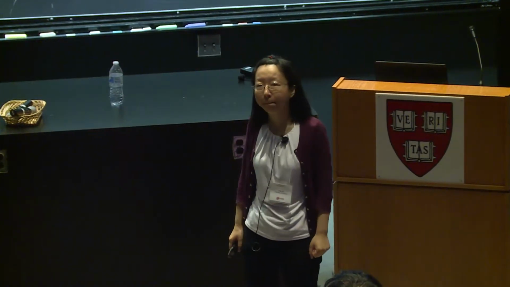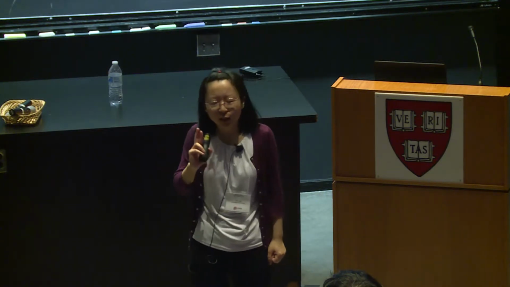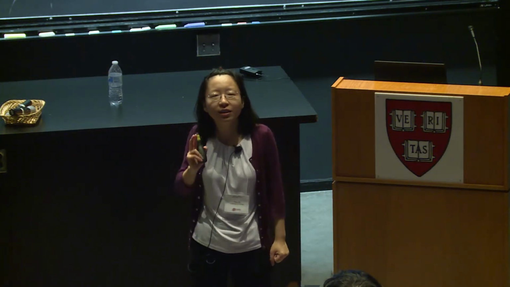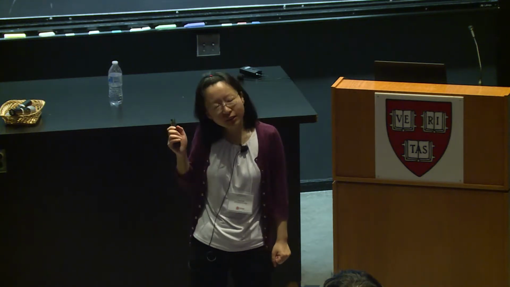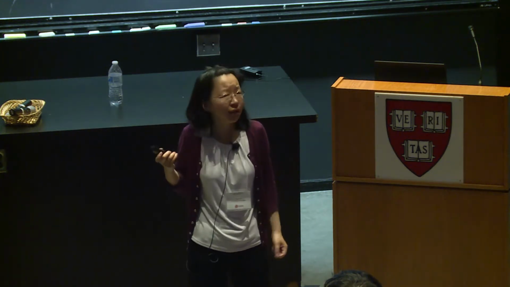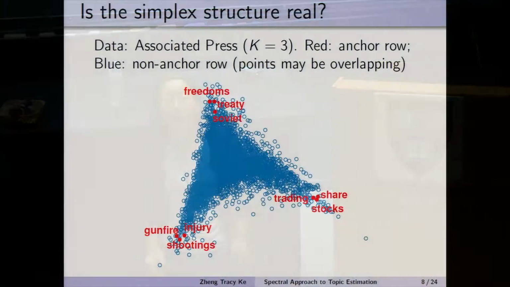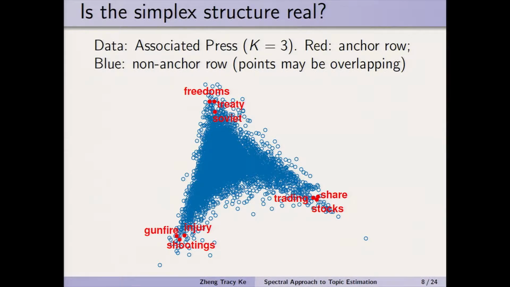Before I proceed to discuss vertex hunting, it seems that we need to answer a more urgent question. Is the simplex structure we discovered here really supported by the real data? We investigated the Associated Press dataset. For this dataset, the number of topics K is unknown, and we tried different K and found that K equals 3 produced the most meaningful results.